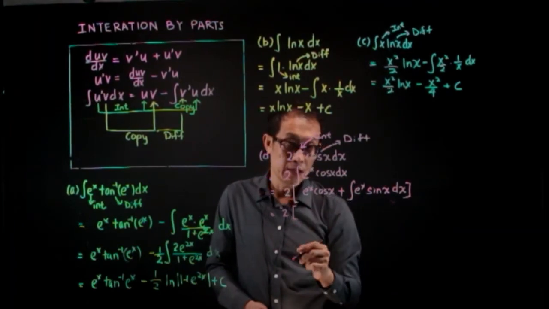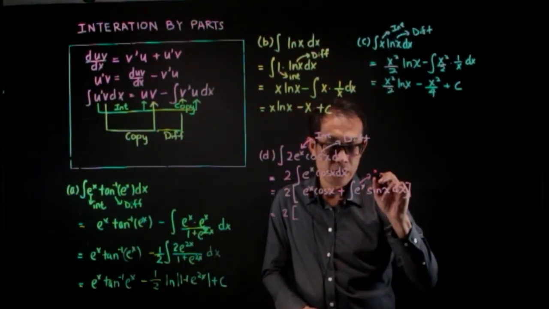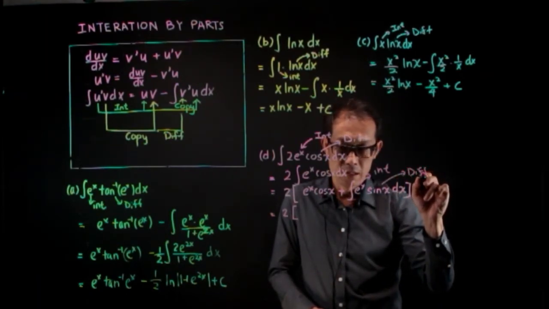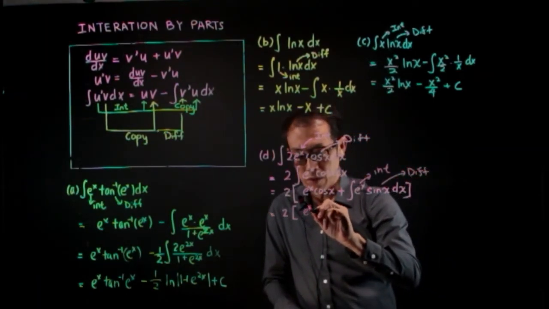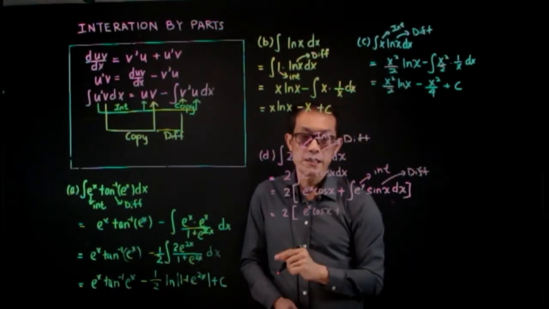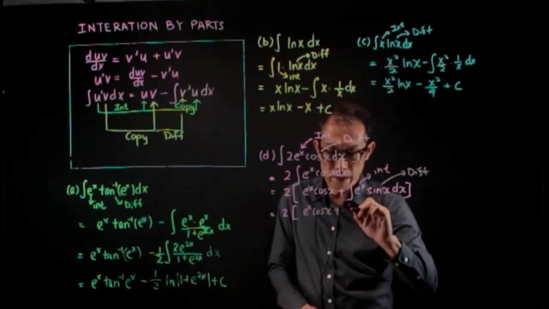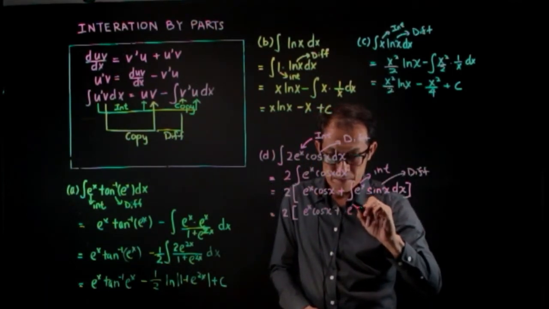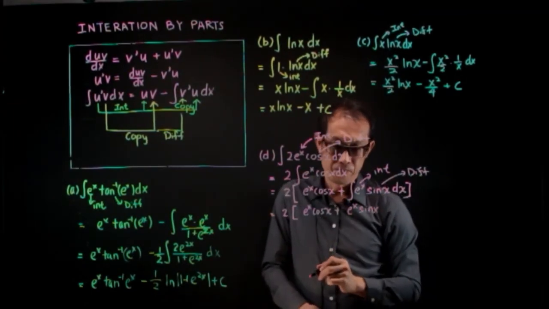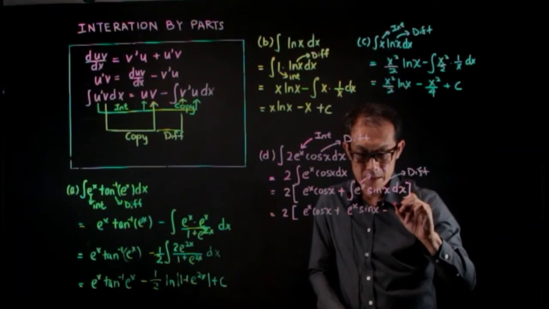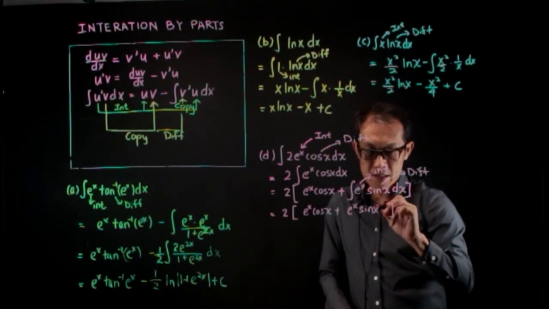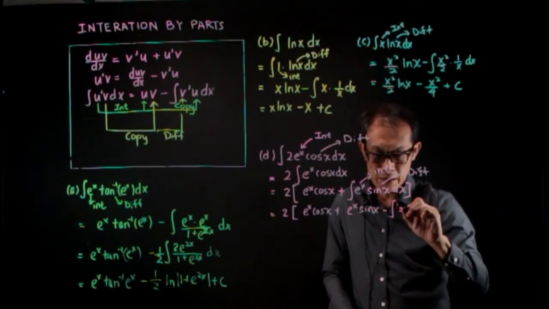Now let's do it one more time. I choose to integrate this and differentiate this. So I got e to the power x, this term I just copy down, plus. Now integrate e to the power x is e to the power x. Then this term I copy. Then minus the integral sign, then this one I copy.